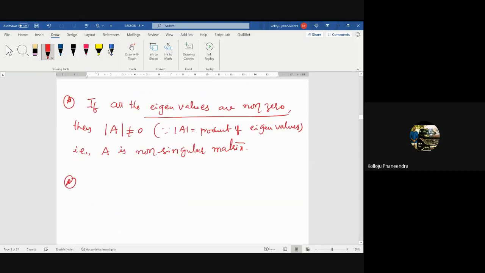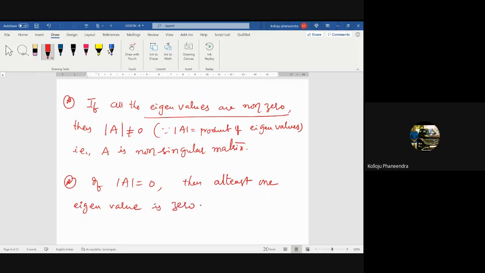Next property: if determinant of A equal to 0, then at least one eigenvalue must be 0.